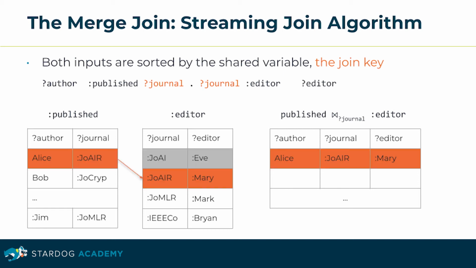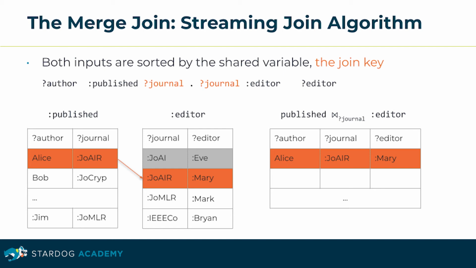Now the merge join computes the results in a zigzag fashion. It starts going down the left relation published, and for a result there, it runs a binary search over the sorted right relation, thus skipping over large portions which have different values of the join key, as shown in gray. And this could be megabytes of data. We have a single value here, but for large data sets, this will be significant.